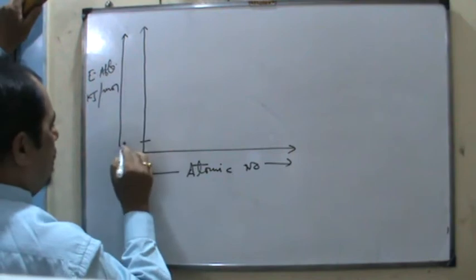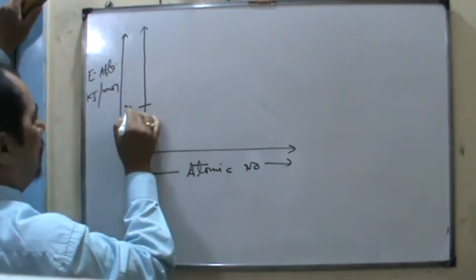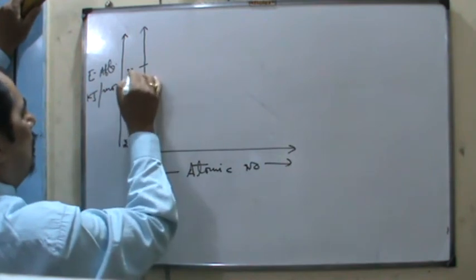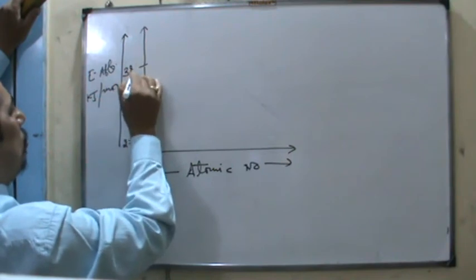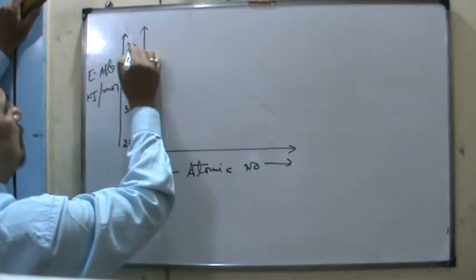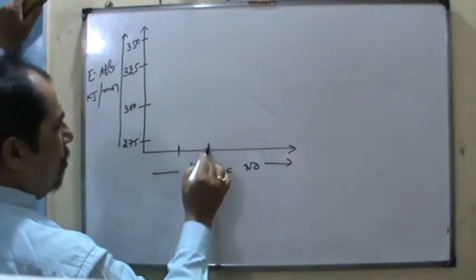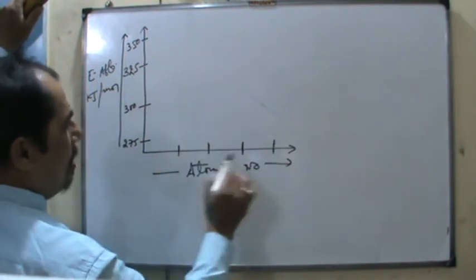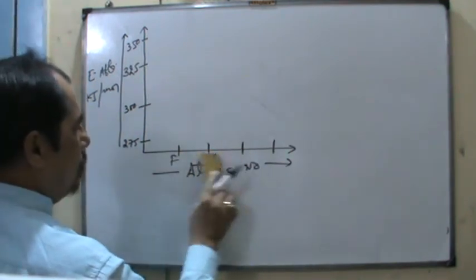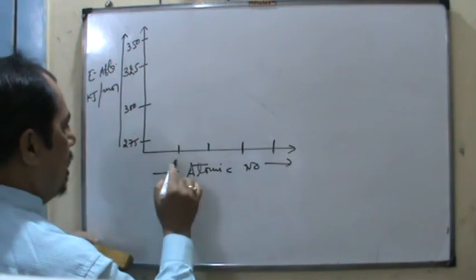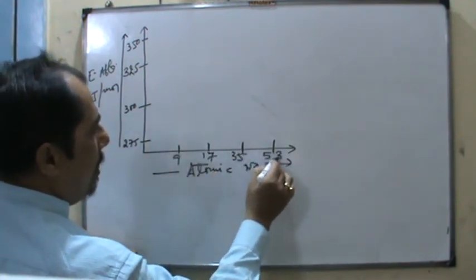So here I write 275, difference 25, 300, 325, and 350. So here fluorine, chlorine, bromine and iodine. Better to write here atomic numbers 9, 17, 35 and 53.